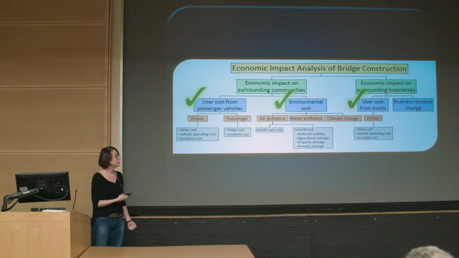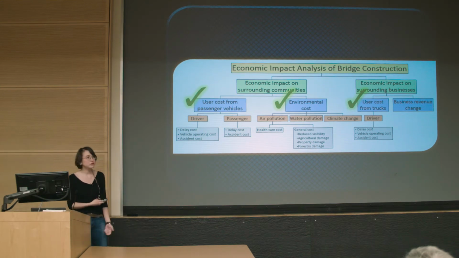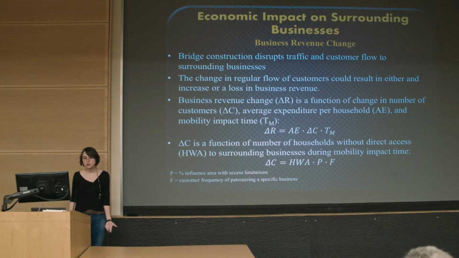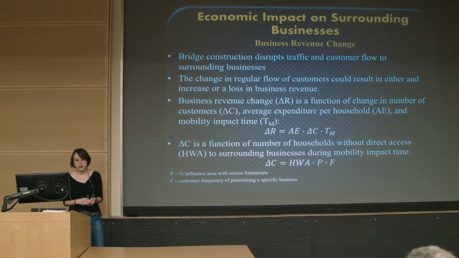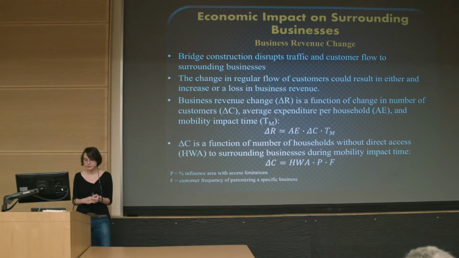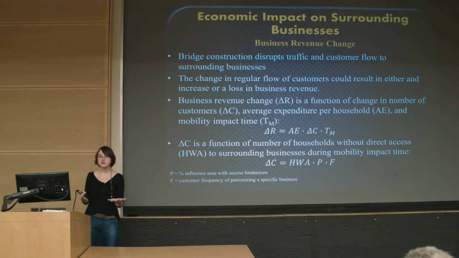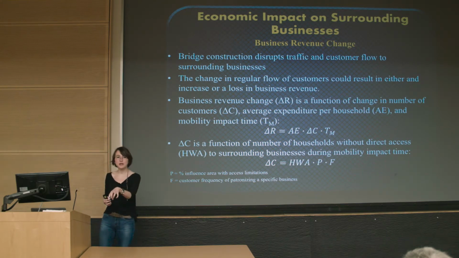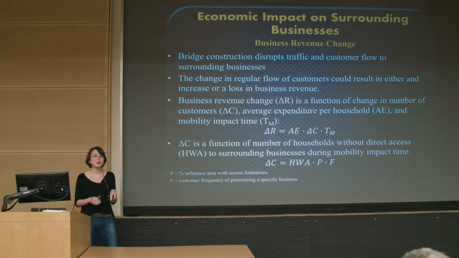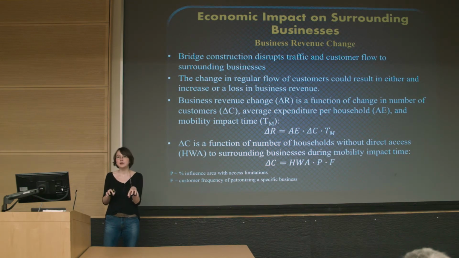And then we have the business revenue change, because the bridge construction disrupts the traffic flow, and therefore the customer flow to the surrounding businesses. So this is actually like a back engineering. Instead of using the business data, we are trying to use the household data, how much they spend on a specific business, because it is so hard to obtain the business revenue data.